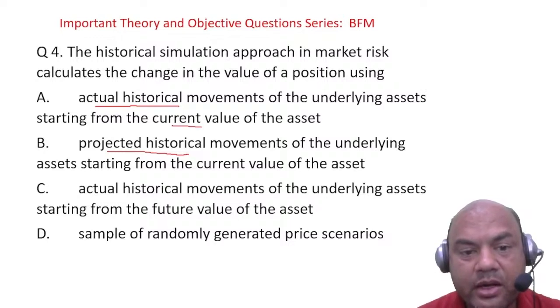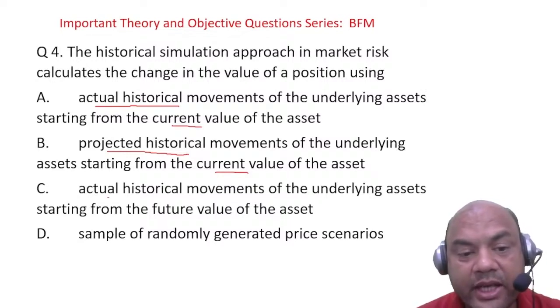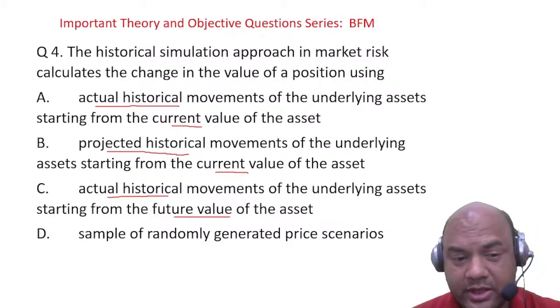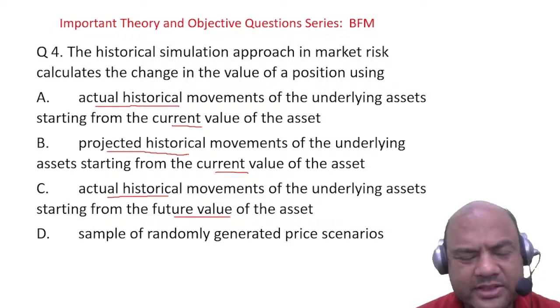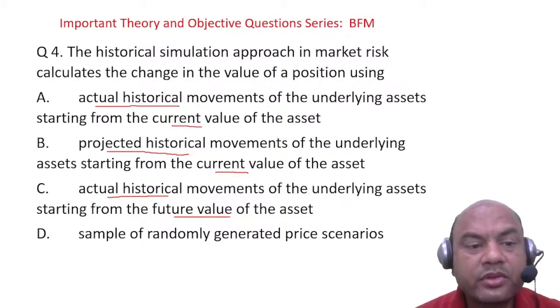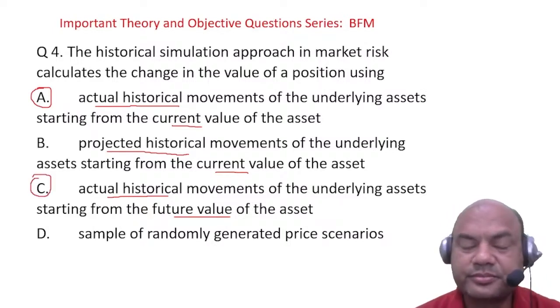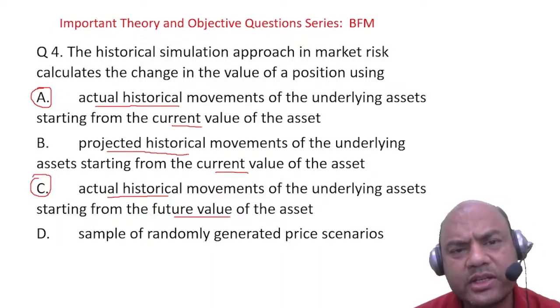Third, C is actual historical movements starting from the future value. Now think over it. And the last one, sample of randomly generated price scenarios. Forget this. So the answer is between A and C. Think over it logically also.